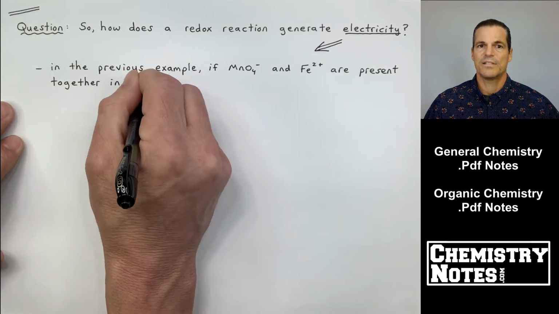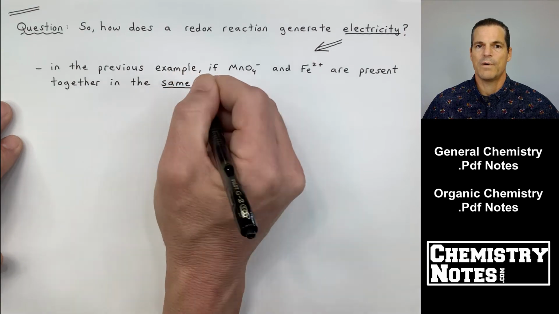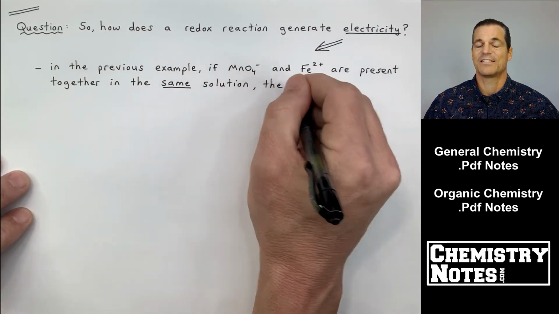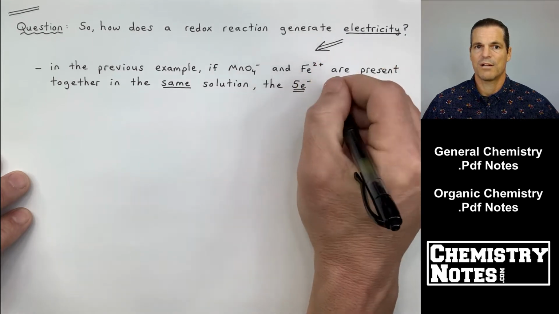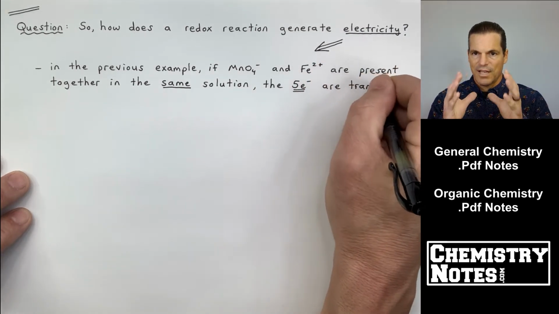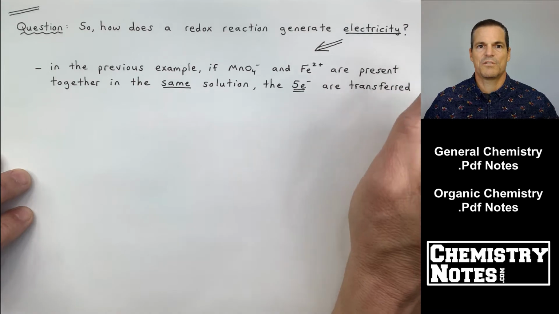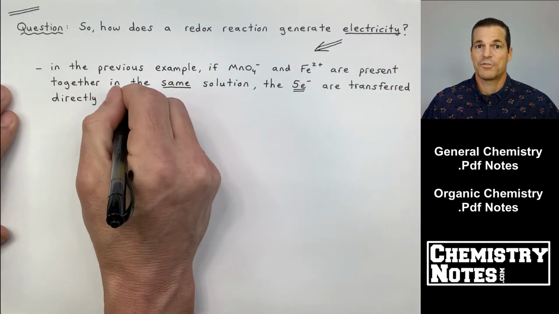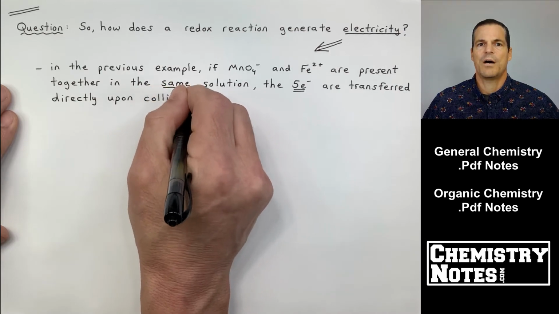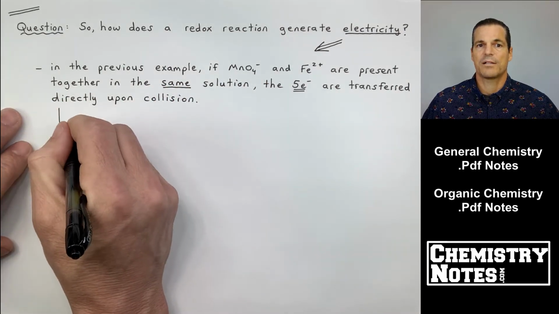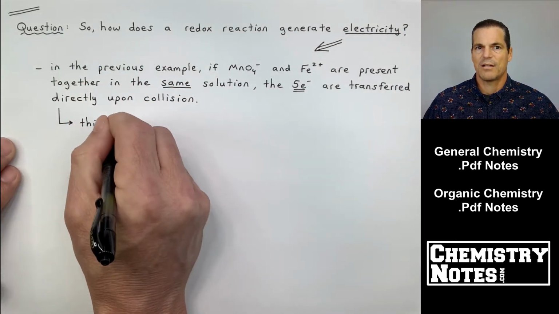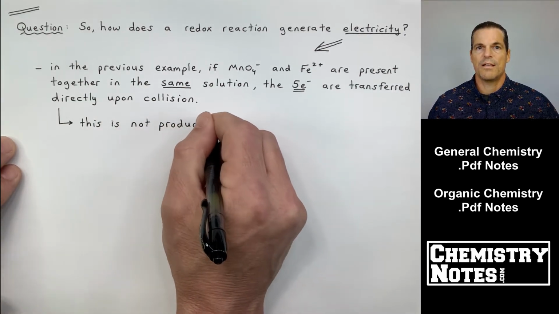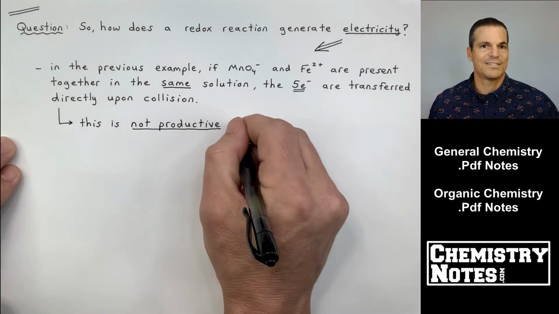In the previous example, if MnO4- and Fe2+ are present together in the same solution, the same compartment or flask, the 5 electrons would be transferred directly upon collision, and that's no good, because the energy produced from that would just be lost as heat.